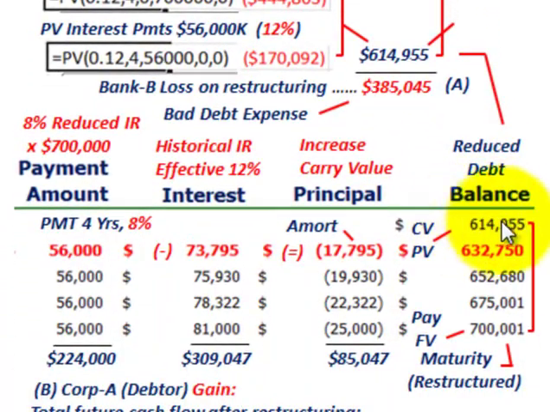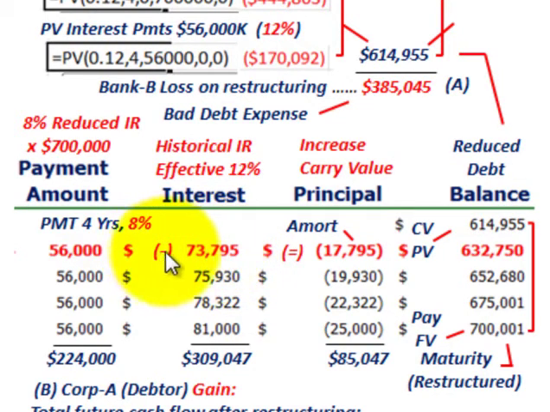So that becomes our beginning carrying value of $614,950, and we have to amortize it up to $700,000 over the 4-year period. So for our amortization, we take the beginning balance, $614,955, times the historical interest rate of 12%, and we get an effective interest for the year of $73,795.